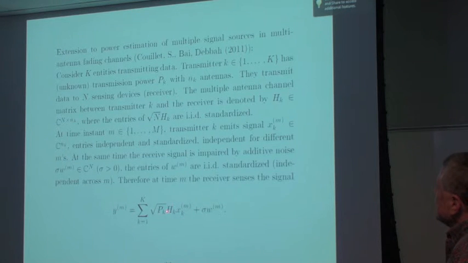You do a linear transformation for each of the K entities, and here is the unknown power. That's just a scalar. The P's are unknown, and everything else is random. H is still not known; you just know its distribution.